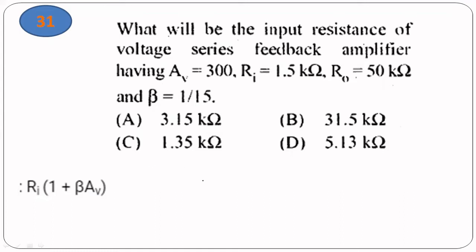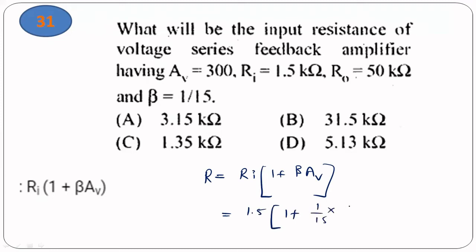Now to calculate the required value of resistance, the formula is Rif equal to Ri into (1 plus beta into Av). Now if you can solve for this, we know that Ri is 1.5k, beta is 1/15, Av is 300.